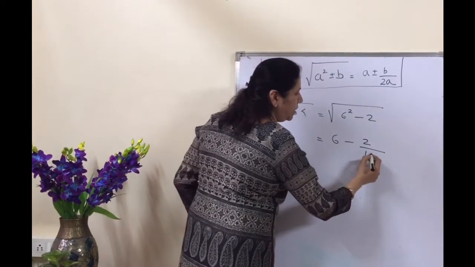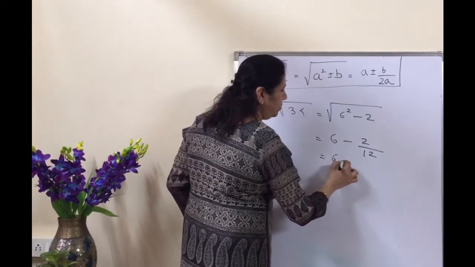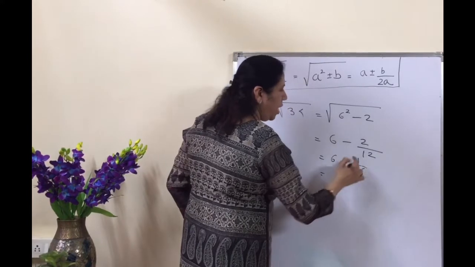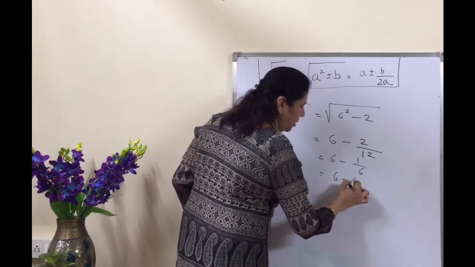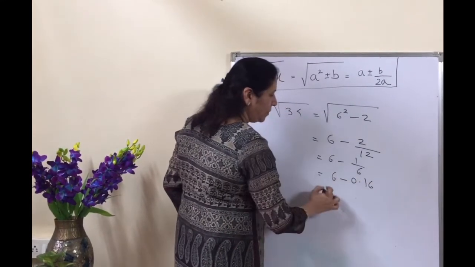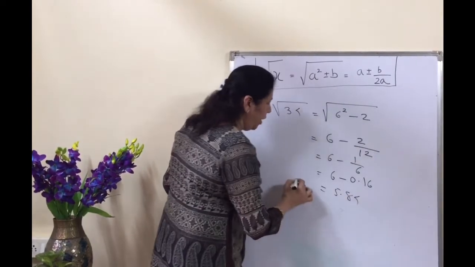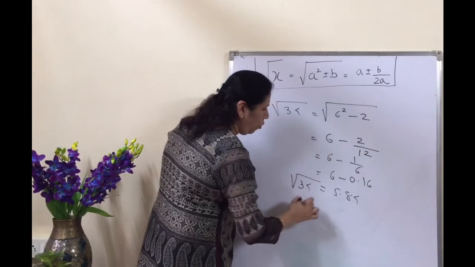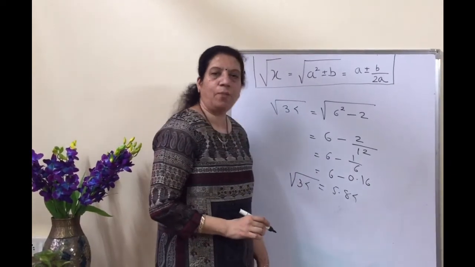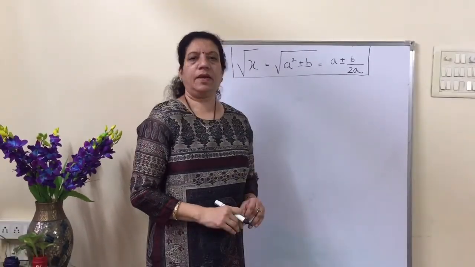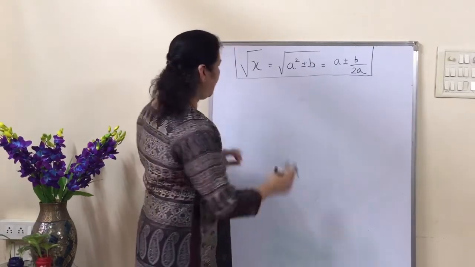What is double of 6 is 12. So we will write down 6 minus 1 upon 6. We have just seen what is 1 upon 6. It is 0.16. And therefore we get answer 5.84. So final answer square root of 34 is 5.84.